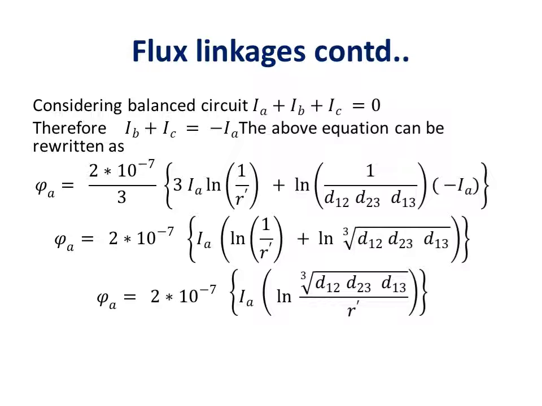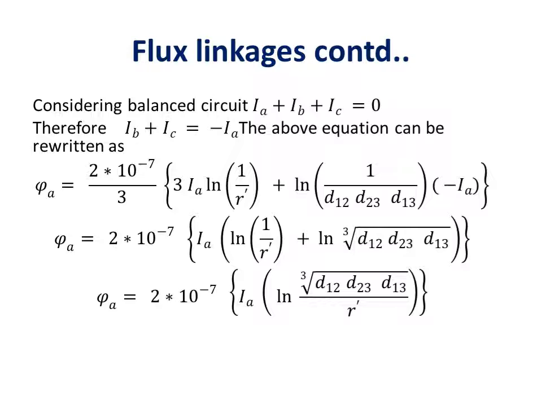Since 1 by 3, you can write this as 1 by 3 into ln something. You can write it as ln cube root of. Hence this term can be completely simplified as ln cube root of d12, d23 and d13. Since minus is there, minus 1 by something, we can bring it to the upside. It will come to 1 by d12, d23, d13.